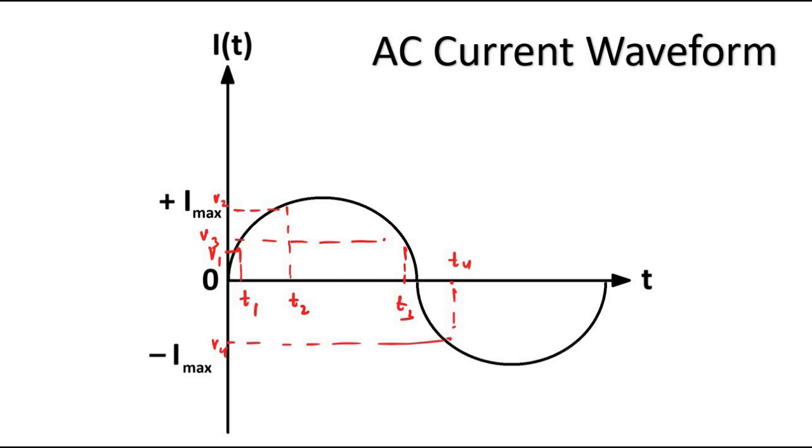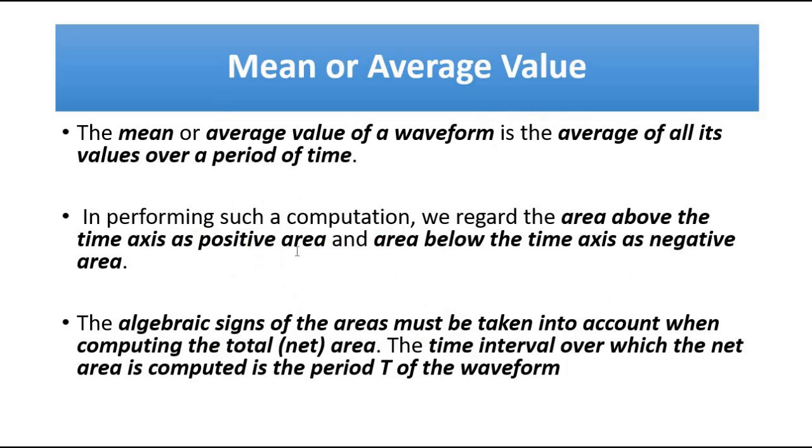The average of all the instantaneous values it has, for the total time period of the signal, gives us the mean or average value.